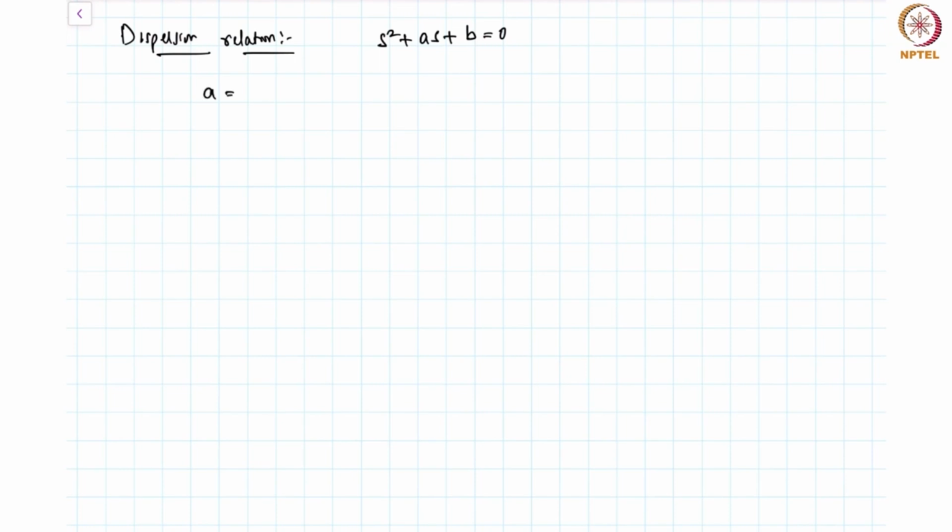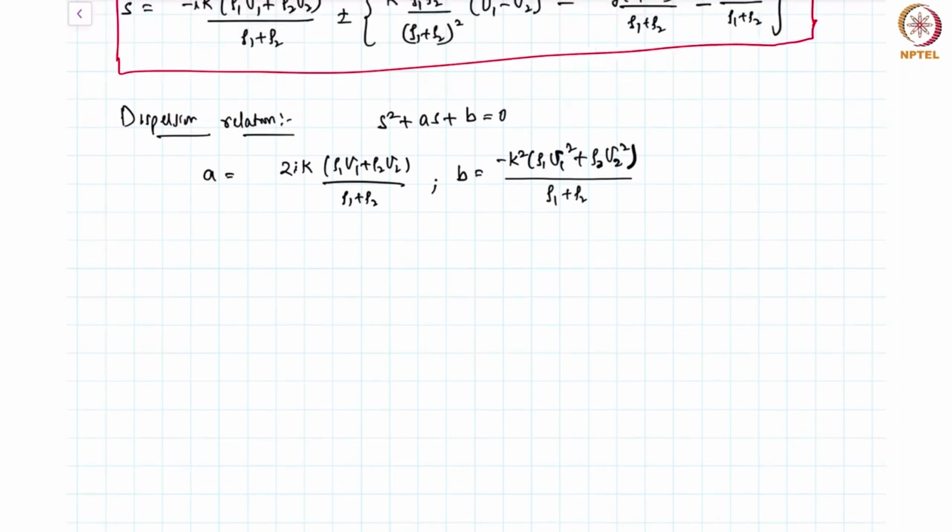So for us, A is again 2ik of rho 1 u1 plus rho 2 u2 by rho 1 plus rho 2, and B is minus k square of rho 1 u1 square plus rho 2 u2 square divided by rho 1 plus rho 2, minus mg of rho 2 minus rho 1 by rho 1 plus rho 2 plus m cube gamma by rho 1 plus rho 2.